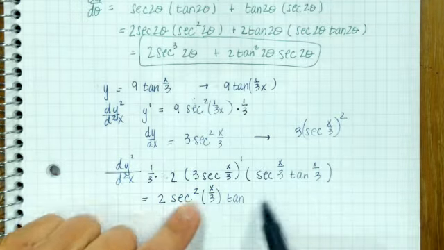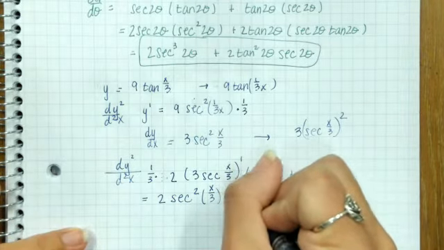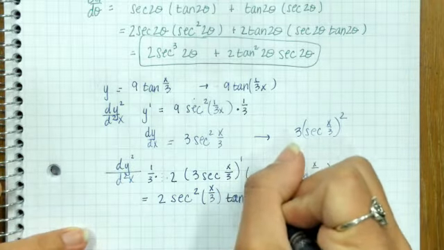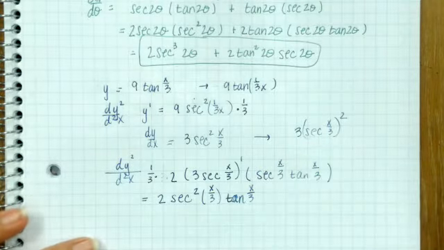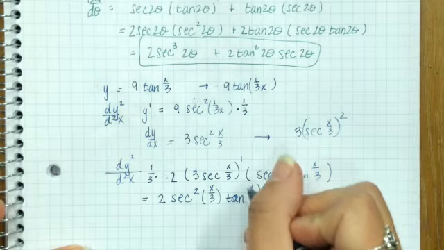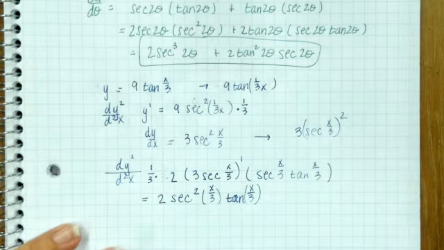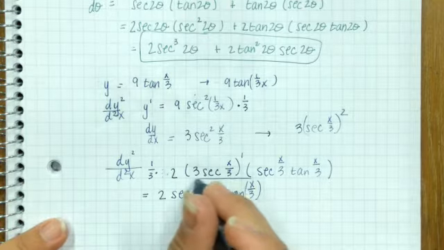Secant x over 3 times secant x over 3 is secant squared times the tangent of x over 3. That is the second derivative of 9 times the tangent of x over 3.